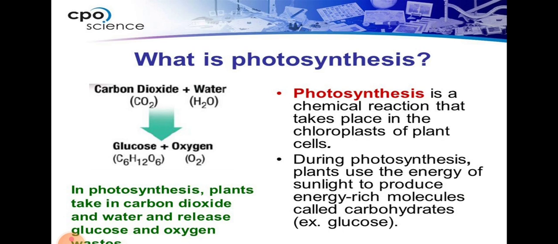And how can this process be represented by a word equation? See, carbon dioxide plus water. Carbon dioxide plants take from air and water from soil. In the presence of sunlight and chlorophyll, the arrow mark shows gives out glucose, means food, and oxygen that goes into the air.